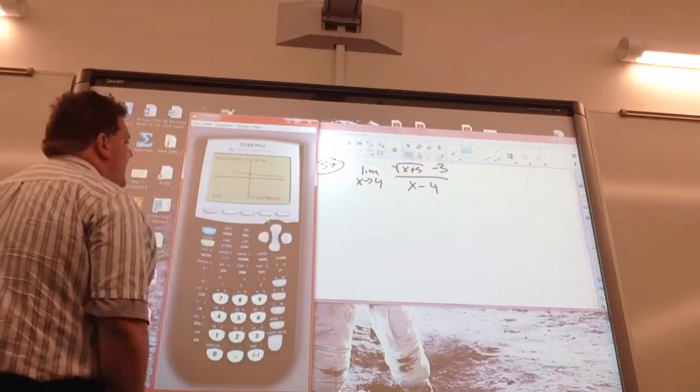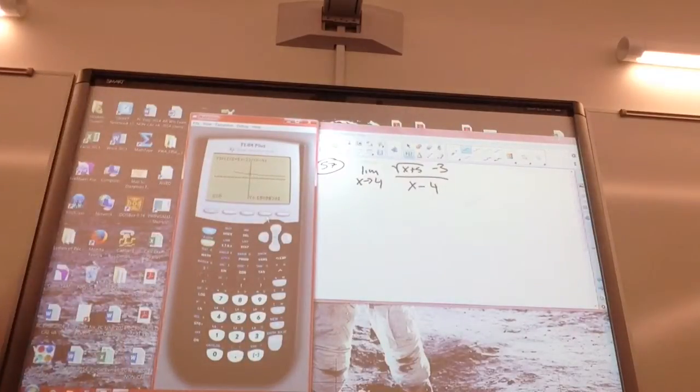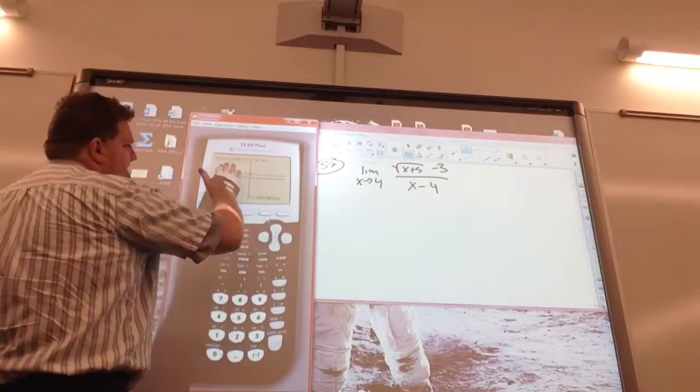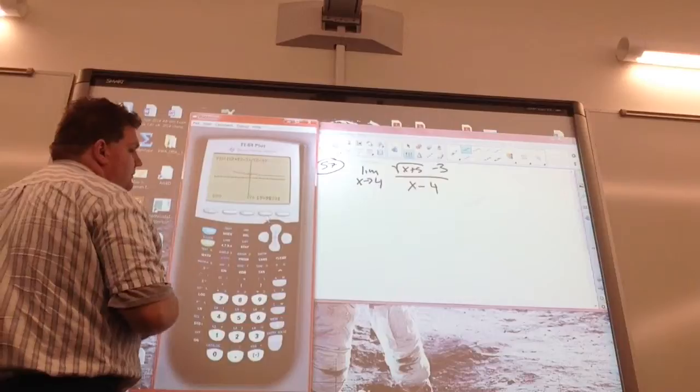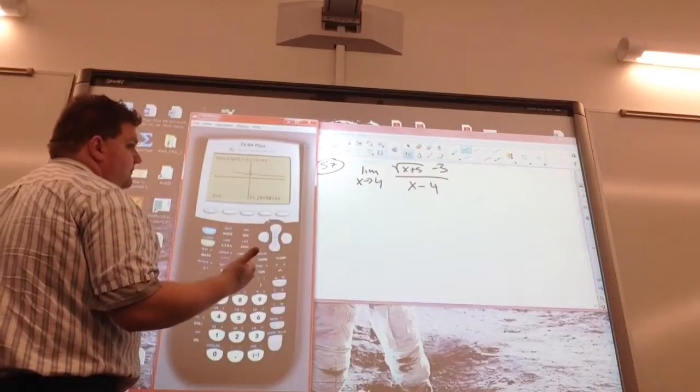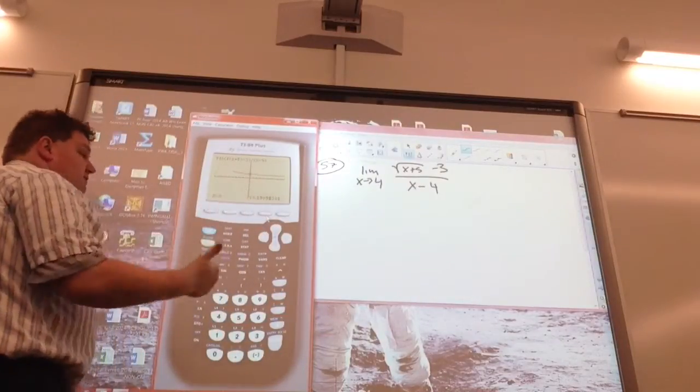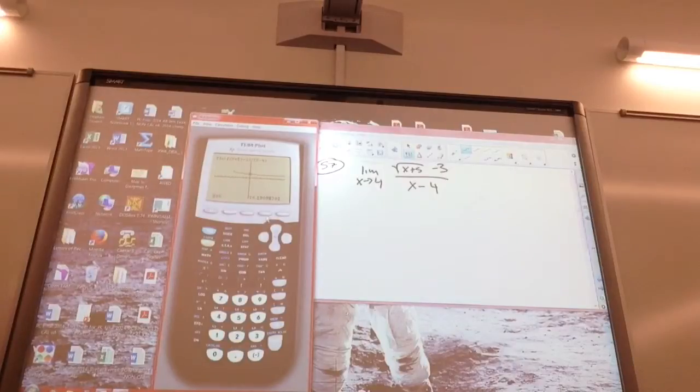Now, the first question it actually asks you is not for this limit. They do want you to find the limit and estimate it. They also want the domain of the function. Clearly here, what's the domain going to be? x is going to be equal to or greater than negative 5, and x cannot be 4, because remember, if I stick 4 in this thing, it breaks down.